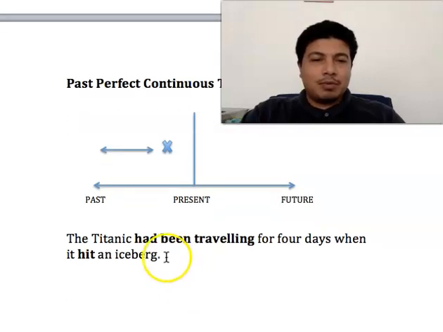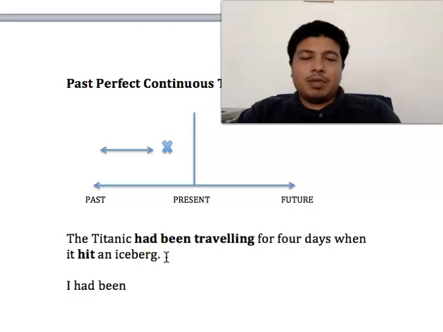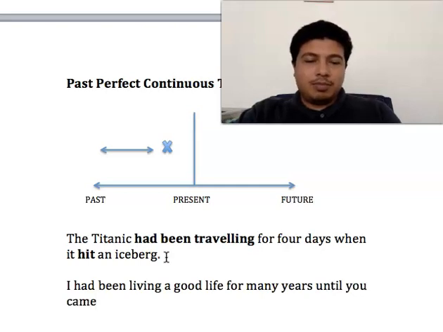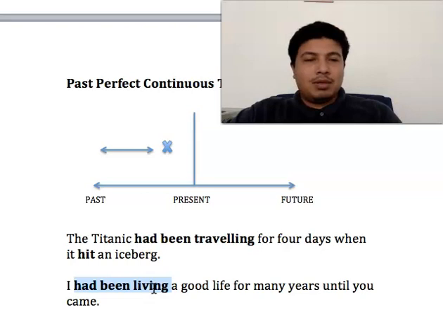Another example would be, I had been living a good life for many years until you came. So we have two things that happened in the past. First, I had been living. So I had been living a good life for many years.